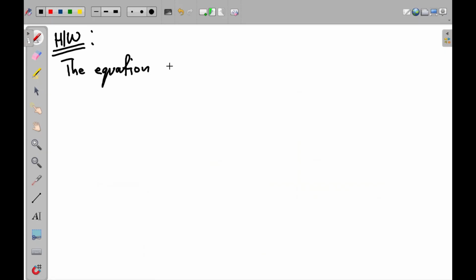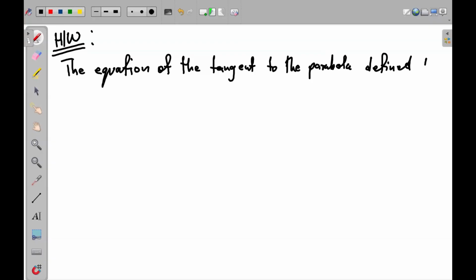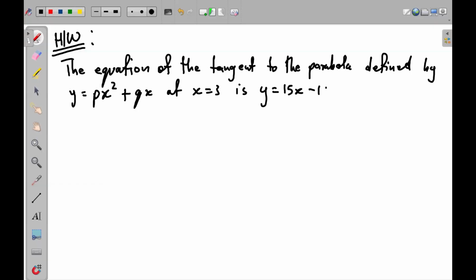So the equation of the tangent to the parabola defined by y is equal to px squared plus qx at x equals 3 is y is equal to, watch this, 15x minus 18.